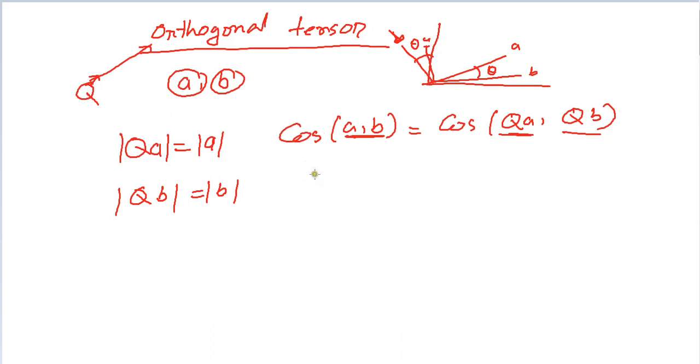From the definition of transpose, we know that Q transpose times Q equals the identity. This is an orthogonal tensor. This means that for an orthogonal tensor, the inverse is simply the transpose.